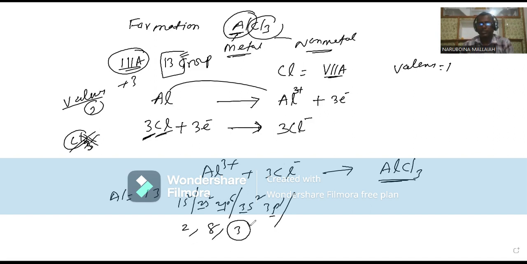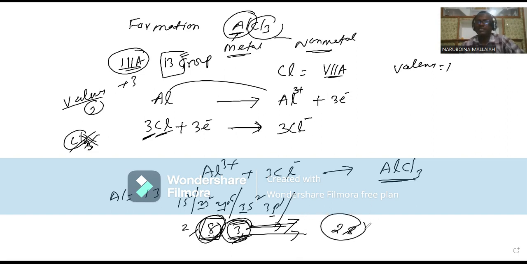In its outermost orbit, aluminum has 3 electrons. If it loses 3 electrons, now the second orbit becomes the outermost orbit. In this, it has 8 electrons. So that's why aluminum loses 3 electrons. By losing 3 electrons, now it gets the configuration of 2, 8, that means neon. In this way, it is getting stability.